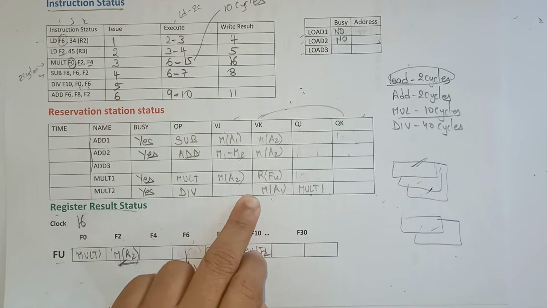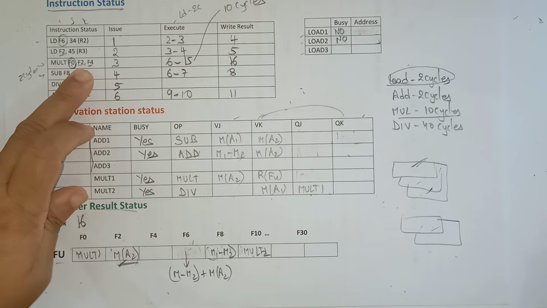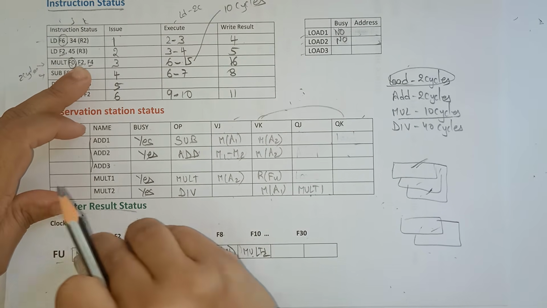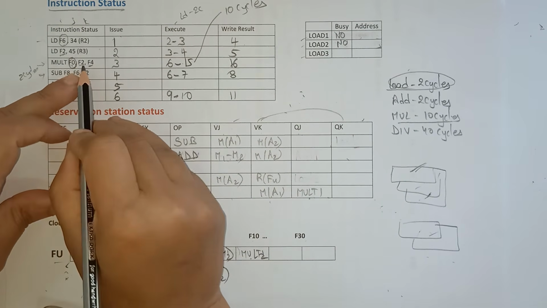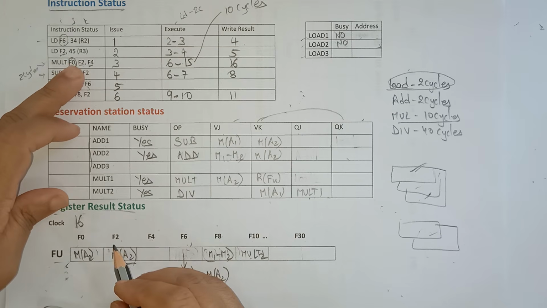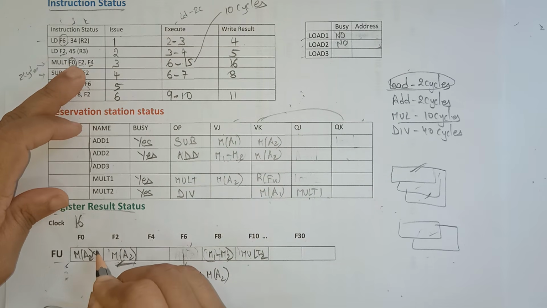So, whenever it completes its execution, F2 into F4. So, F0 contains what? F0 contains F2 into F4. What is F2? M of A2. What is F4? F4 is nothing but a register value. Let's take the register R.